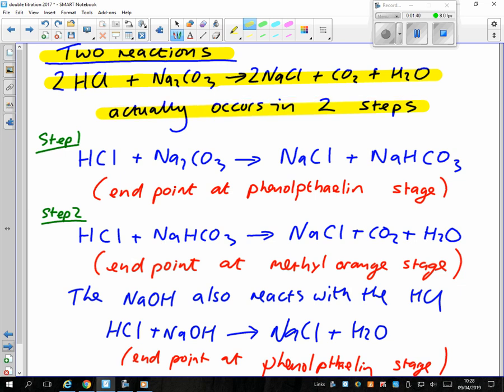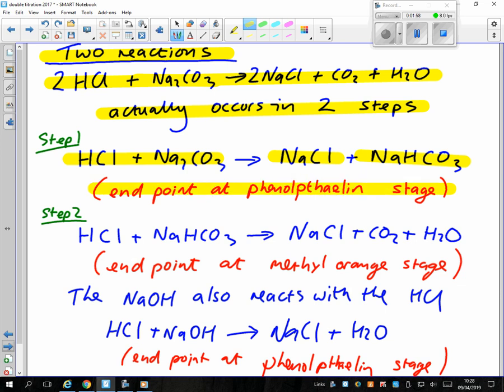The first step involves the HCl reacting with the sodium carbonate to give sodium chloride and sodium hydrogen carbonate. And it just so happens that this first step occurs at your first endpoint, the phenolphthalein stage.